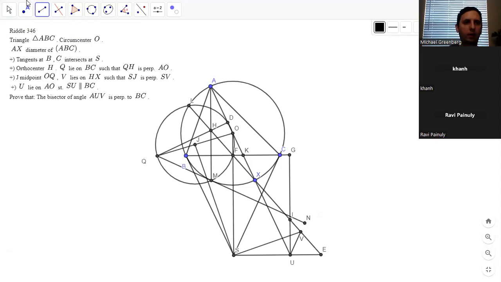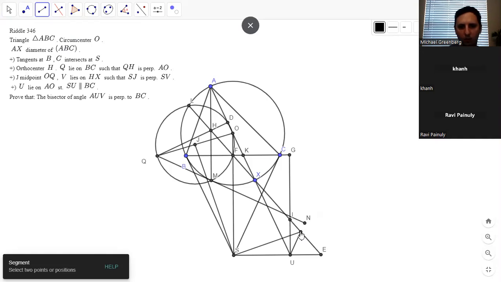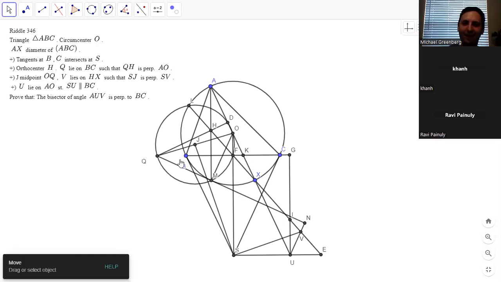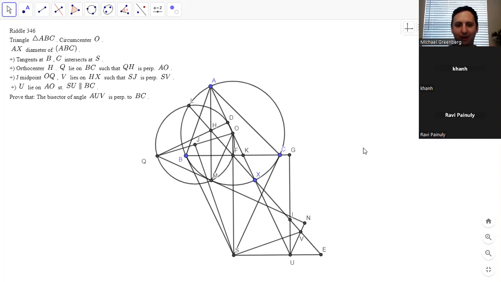I've got to use that trick more. So we want to show UV, UI, UX, US is harmonic.